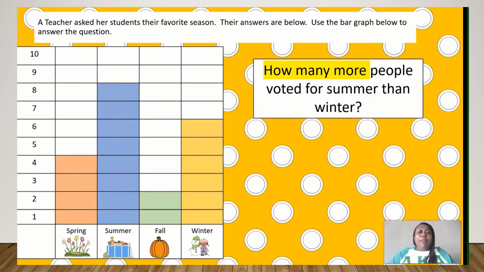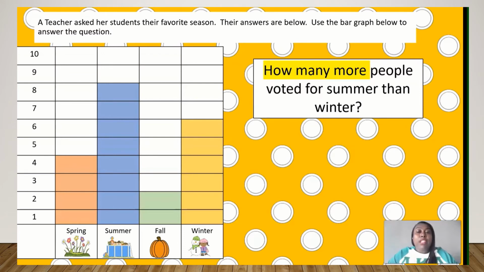How many more people voted for summer than winter? Now, this one tricks a lot of kids up. So let's take our time and see what they want to know. They asked, how many more people voted for summer than winter? So in essence, you're trying to compare. You told me that 8 people like summer, but only 6 people like winter.